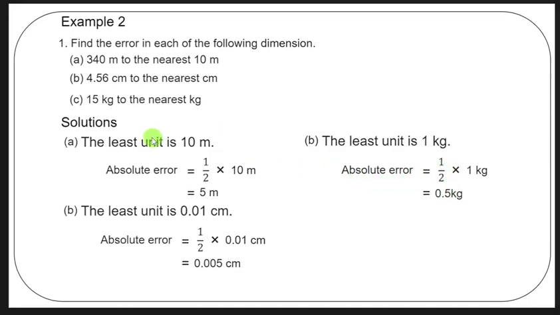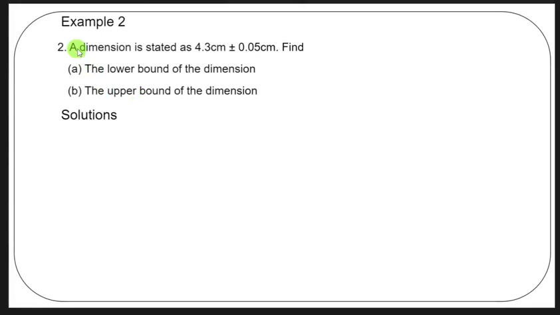So let's answer question 2. Question 2 said a dimension is stated as 4.3 centimeters plus or minus 0.05 centimeters. Then find the lower bound of the dimension. Okay, so let's start with A. Now what they want is to find the lower bound. So we know the formula that the lower bound is equal to the measured value minus the absolute error.